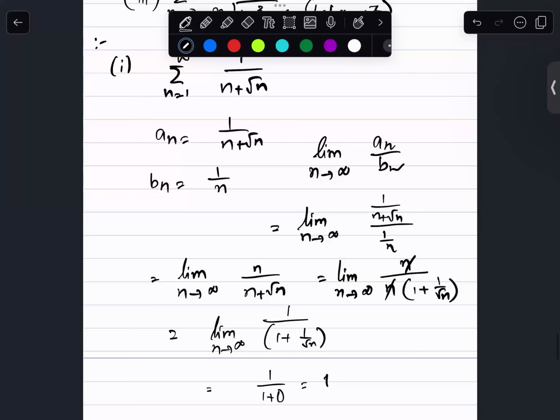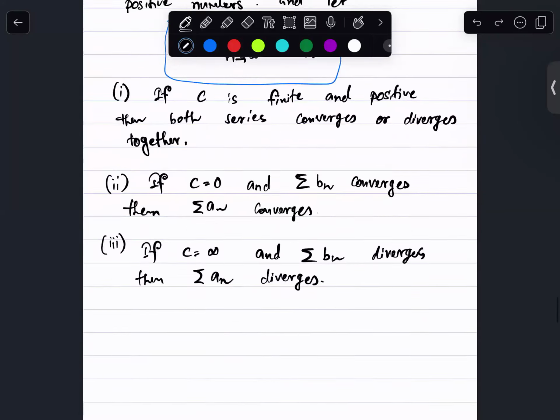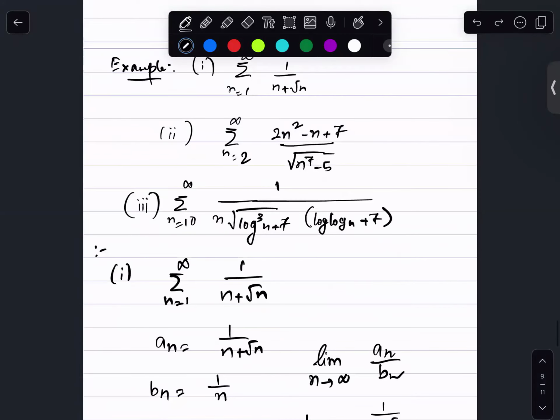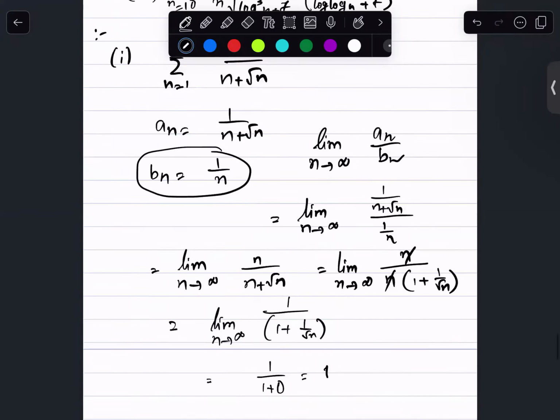Okay, so here C is finite and positive. So I know that both the series an and bn converge or diverge together. But what is bn? bn is summation 1 over n.